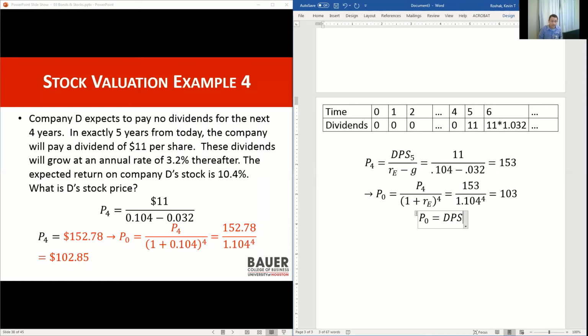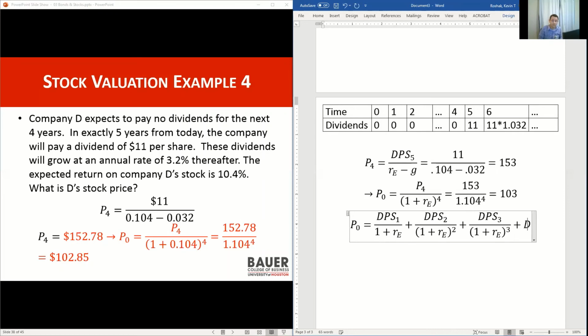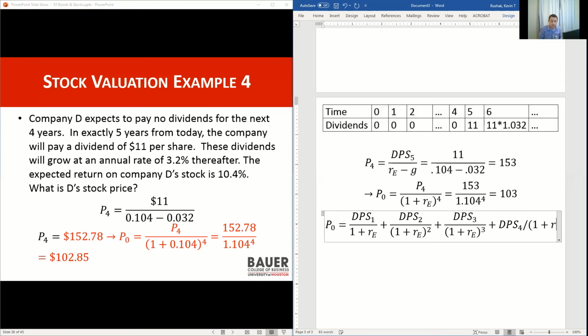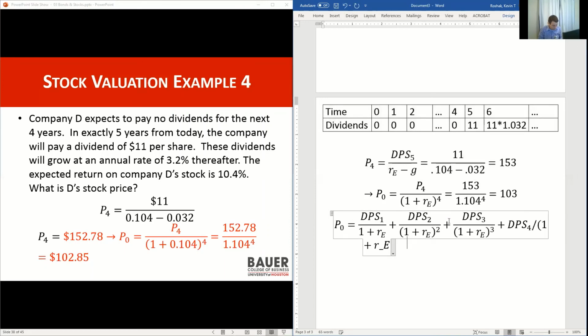It would be the dividends per share that you're getting at time 1, discounted by 1 plus RE, plus the dividends per share that you get at time 2, discounted by 1 plus RE squared, plus the dividends that you're getting at time 3 divided by 1 plus RE cubed, plus the dividends per share at time 4 divided by 1 plus RE to the fourth.